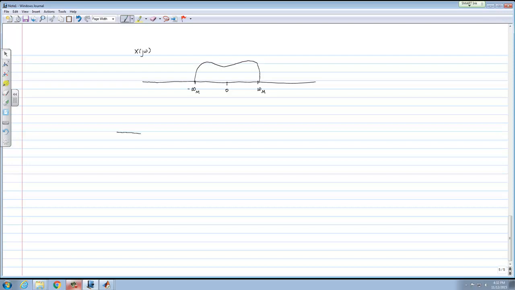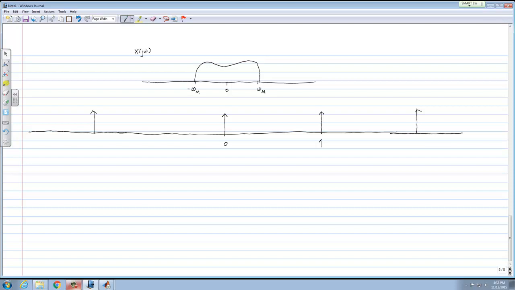Okay, what do we know about P of j omega? We just computed the Fourier transform of p of t in the beginning of this class, and P of j omega is a train of impulses. Do you agree? Tell me where the impulses are occurring and what the strength of these impulses are.